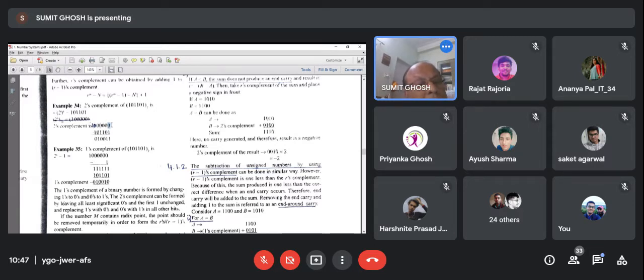So you get 1, 0. 1, 0 in binary is actually 2. So 2 minus 1 is 1. Clear? And when you take a carry from this, you get 5 ones. Yes or no?